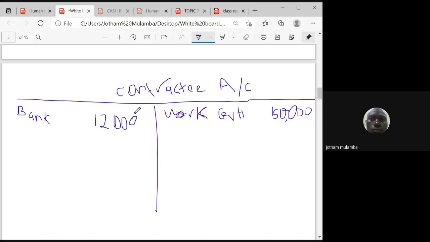Now, if you have claimed 150,000 and you have been paid 126,000, how much is remaining to be paid? 24,000.